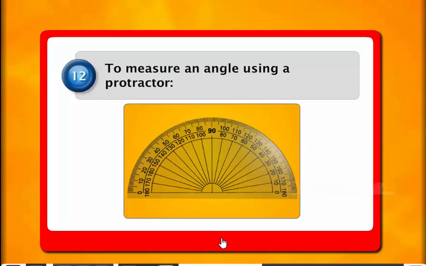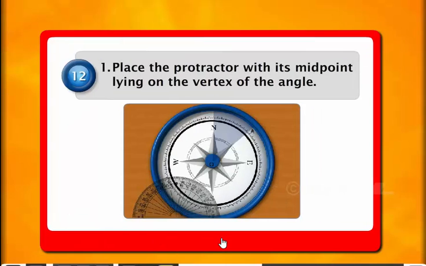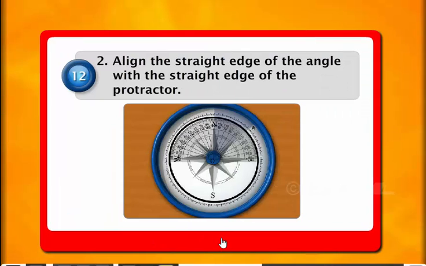To measure an angle using a protractor, one, place the protractor with its midpoint lying on the vertex of the angle. Two, align the straight edge of the angle with the straight edge of the protractor.